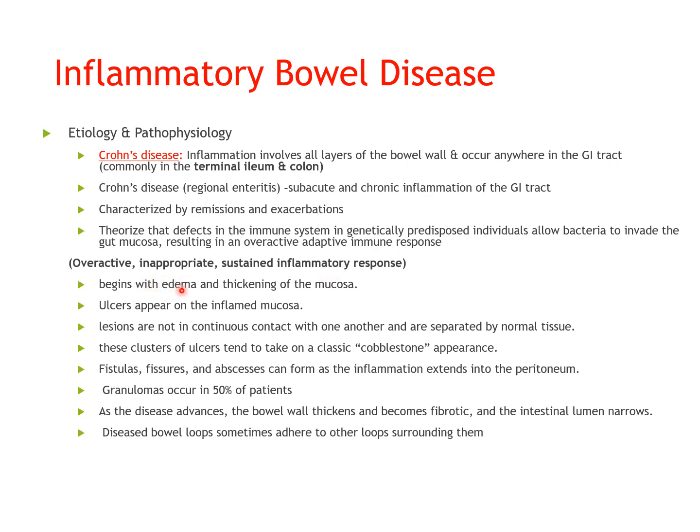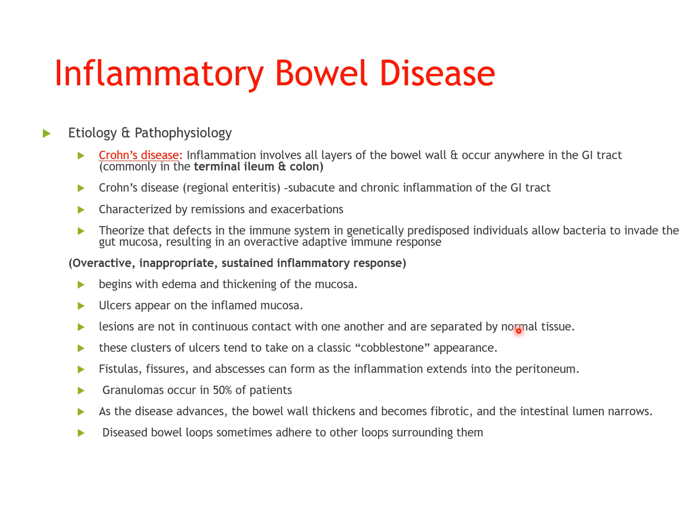So what are you going to see? You're going to see edema and thickening of the mucosa. You're going to see ulcers appearing on the inflamed mucosa. The lesions are not in continuous contact with one another and are separated by normal tissue. This is one of the distinguishing features for Crohn's. That is known as skip lesions, and that's also where it gets the name regional.